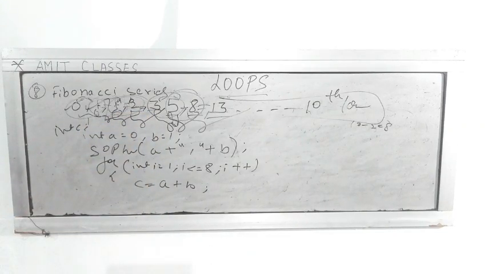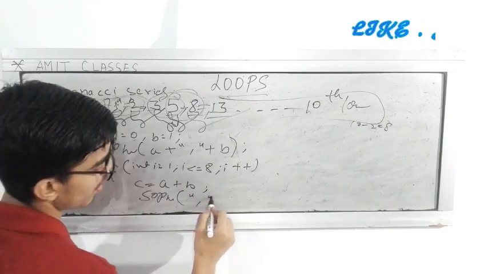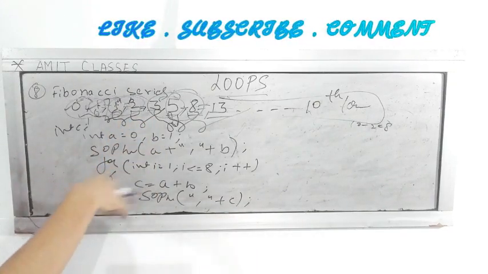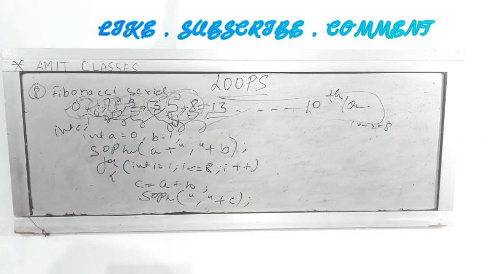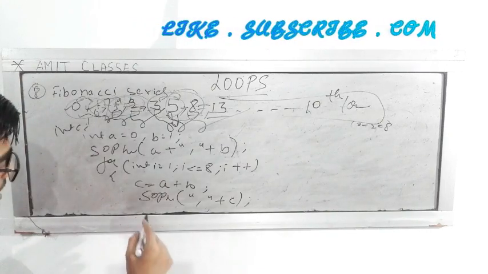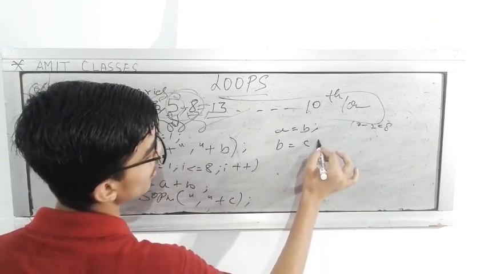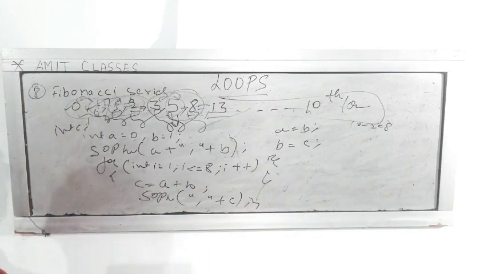And now we'll print c with SOPln c. It will go on, but the values of a and b will not change, as there is no condition over here for a and b. So for that we have to write inside the for loop: a is equal to b and b is equal to c. Now we have to close the braces, and this is the program.